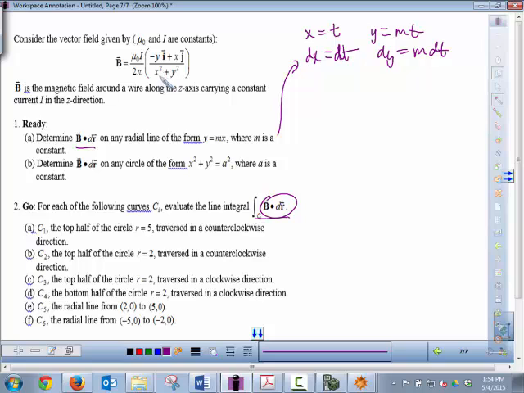And so we put all that information here. We're going to see that B dotted with dr is some constant, let's just call this constant c, times negative mt comma t, I guess we'll use the i and j, plus tj divided by t squared plus mt squared.